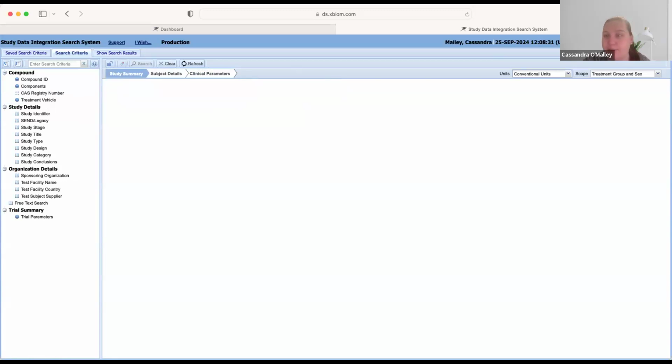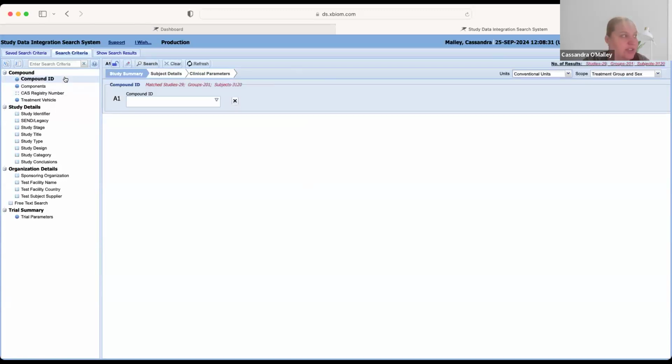Search criteria can be edited to include and/or logic and can also be saved for future references. So at first, I'm going to look at the compound ID, and I'm going to look for studies involving that. In this demonstration business space, I do have 29 studies loaded in here, and I'm going to look for a specific compound identifier.